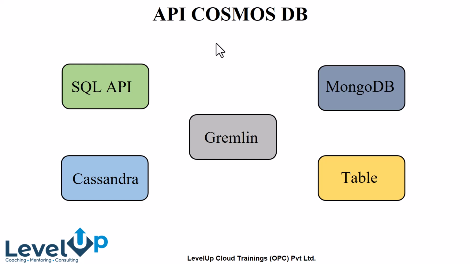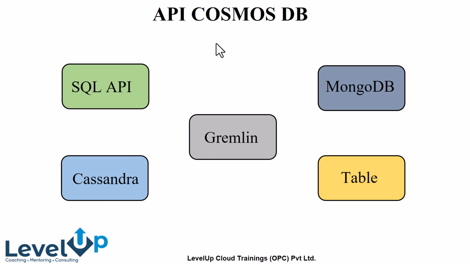Now, Azure Cosmos DB offers multiple database APIs like Cassandra, Gremlin, Table. Gremlin is a graph database. Then MongoDB, Table, SQL API, Cassandra. By using these APIs, you can model real world data by using documents, or key value pairs, or a graph, or column family data models.